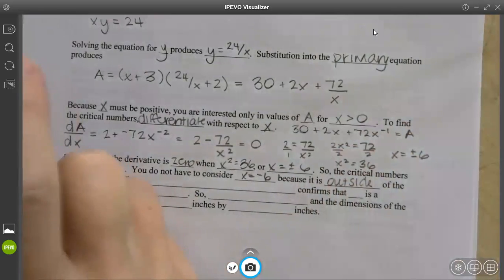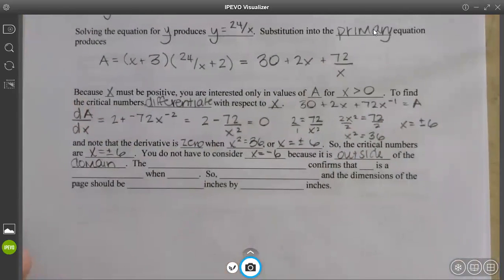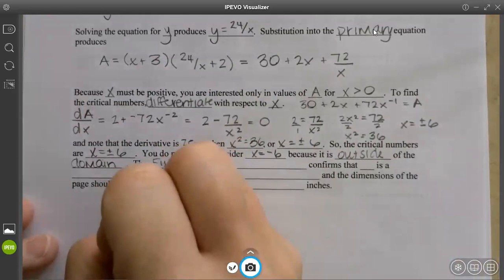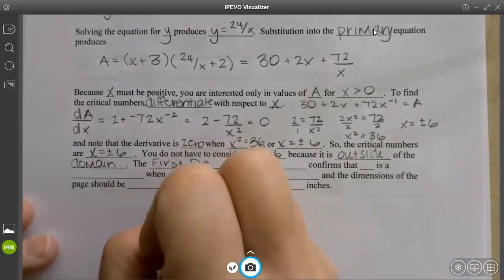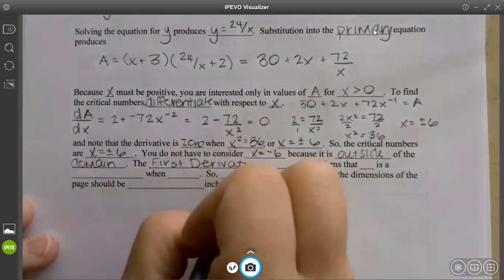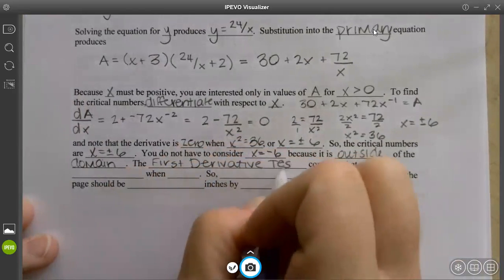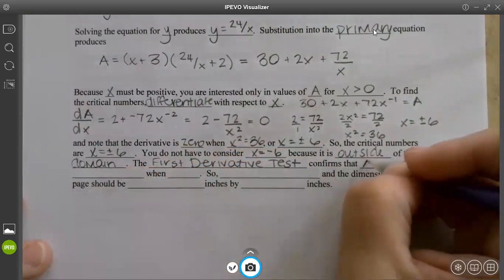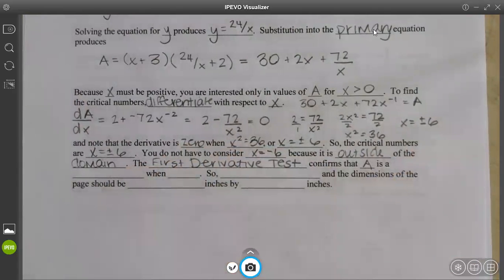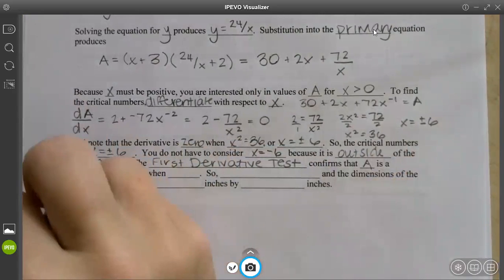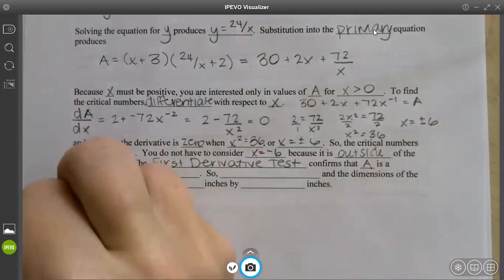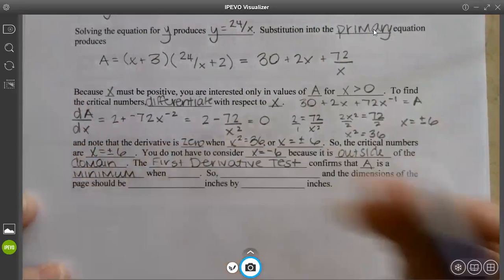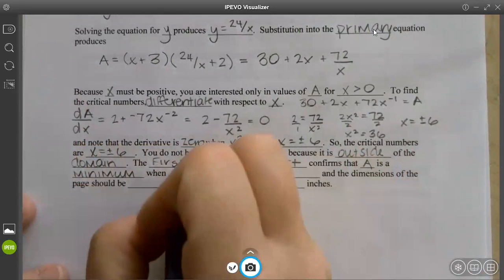And remember, our domain was that x just had to be greater than 0. The first derivative test confirms that A is a minimum when x equals 6.